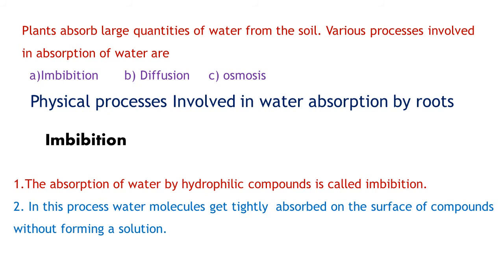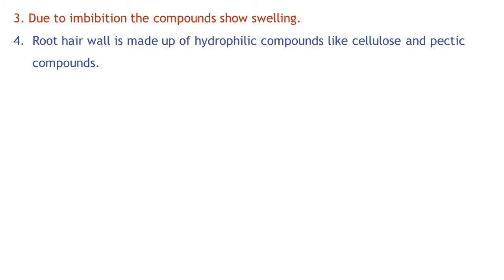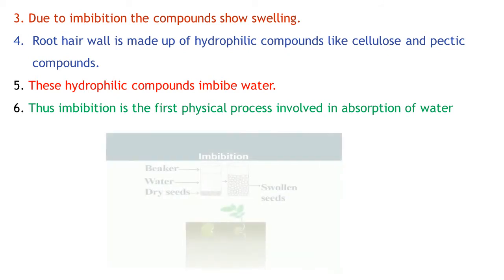In this process, water molecules get tightly absorbed on the surface of compounds without forming a solution. Due to imbibition, the compounds swell. Root hair wall is made up of hydrophilic compounds like cellulose and pectic compounds. The hydrophilic compounds imbibe water. This imbibition is the first physical process involved in absorption of water.